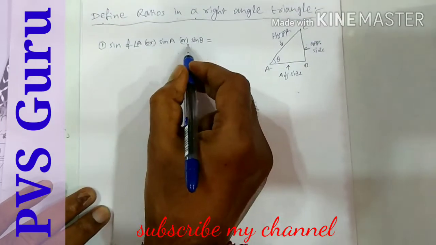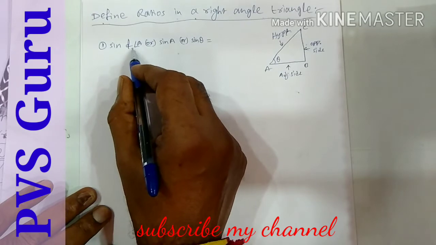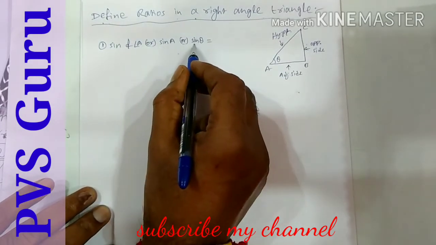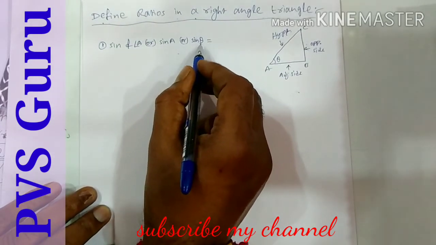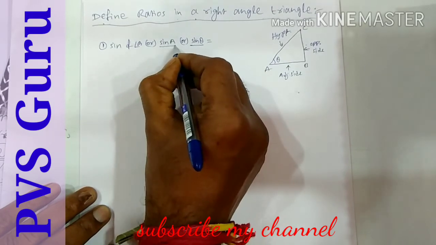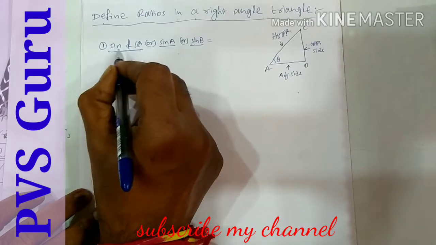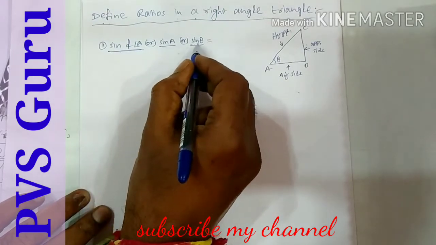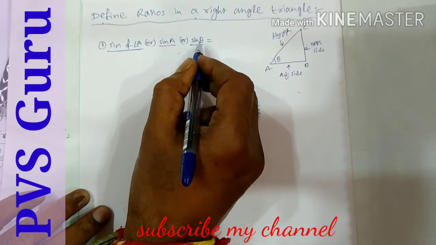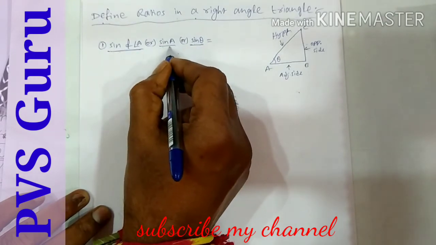Reading is the same: sine of angle A or sine of angle theta, but written like this. Simply we can read it as sine theta and cos A.